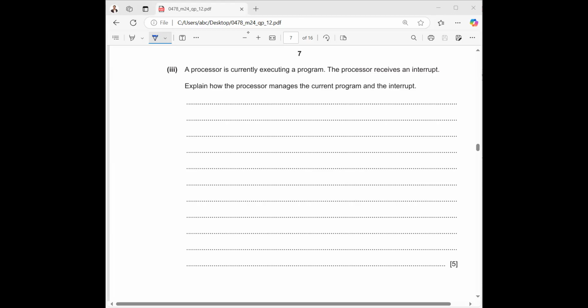So let me write it. First of all, you are going to write that interrupt is given priority and they are placed in an interrupt queue.